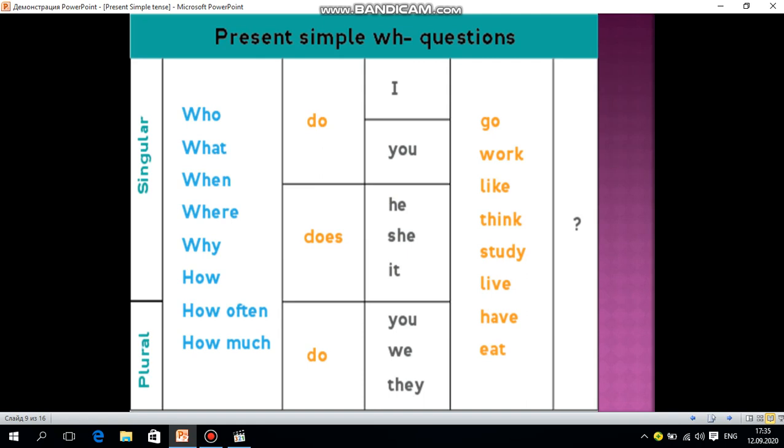To create a WH question, start with WH word, then add do or does, then the subject, a person or a thing that does the action, followed by the base form of the verb, and only then add the rest of the sentence. Here are some examples. When do you work? What does he like? How often do you eat?